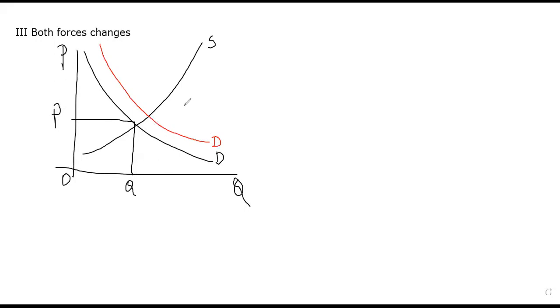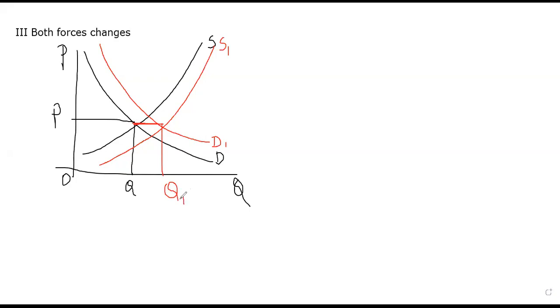Demand and supply are increasing, that means rightward shift of demand and rightward shift of supply in the same proportion. Same proportion means 5% change in demand and 5% increment in supply. If you're drawing with the correct measurement, you can find there is no change in equilibrium price, but equilibrium quantity has increased.